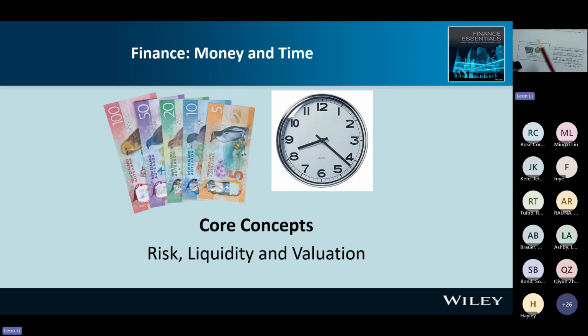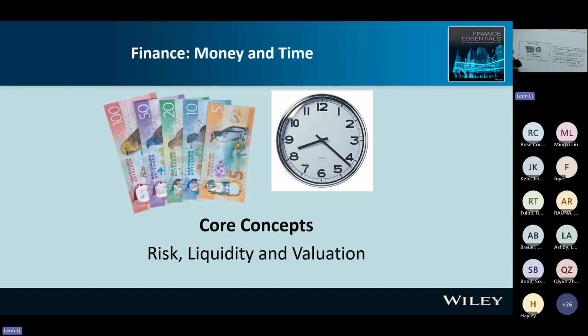Finance is about money, but please know we are dealing with money in the future, not in the past. Accounting deals with the money in the past. Accounting is to record the money, but finance is to make money. So our focus is money in the future.